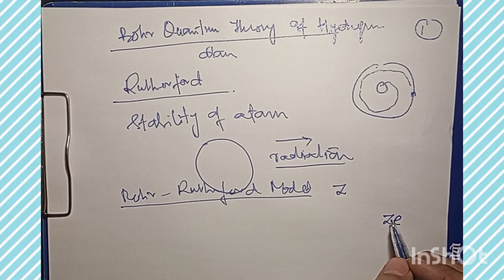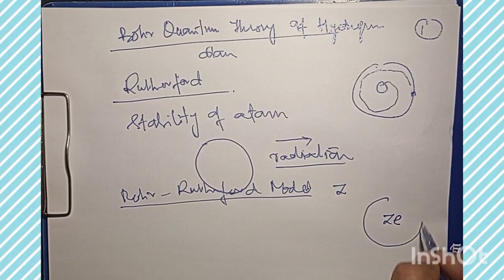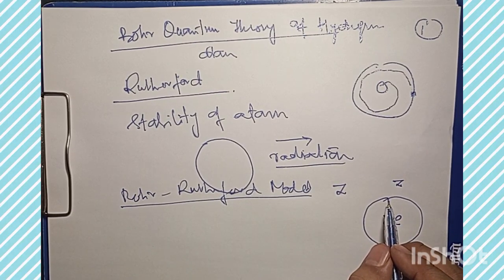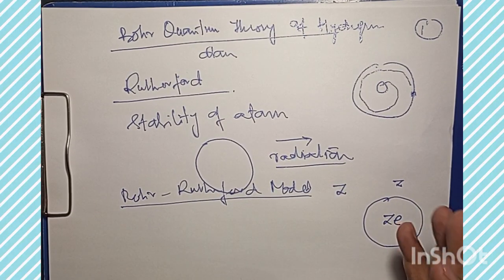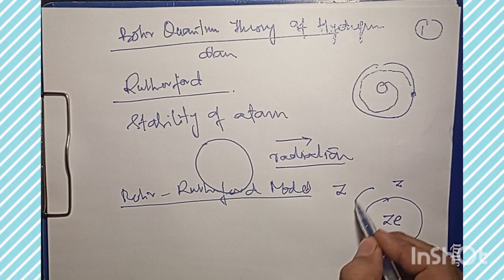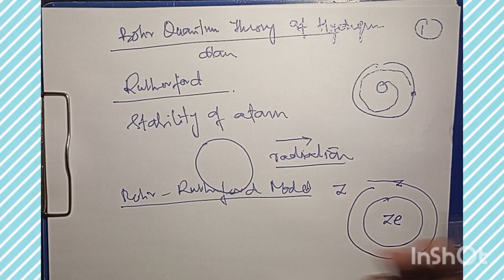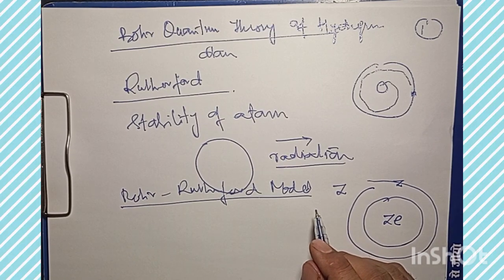This nucleus is surrounded by Z electrons, which move in certain allowed circular orbits, where they do not radiate energy.